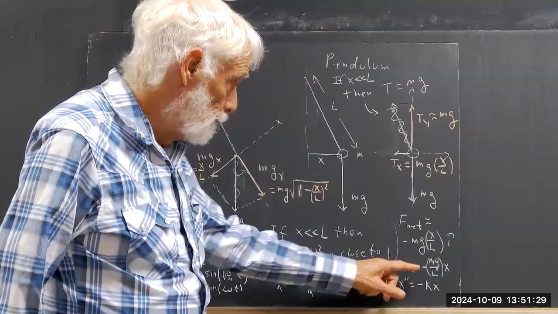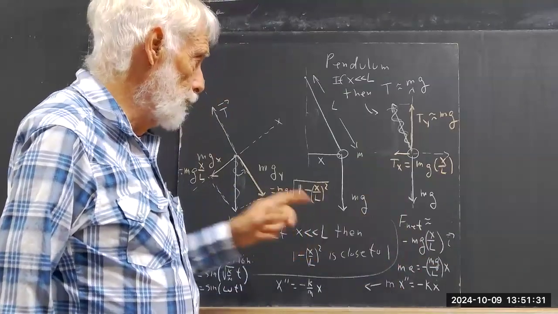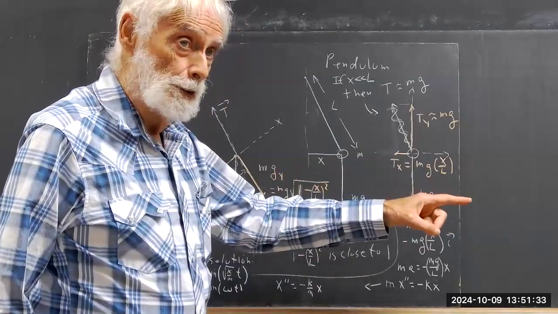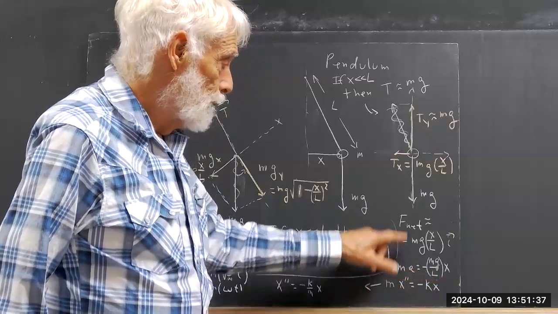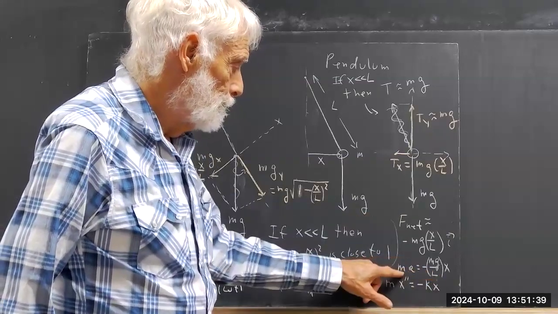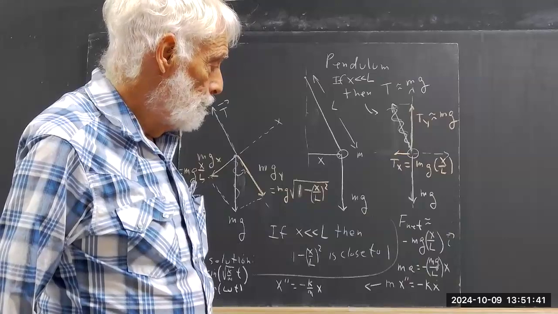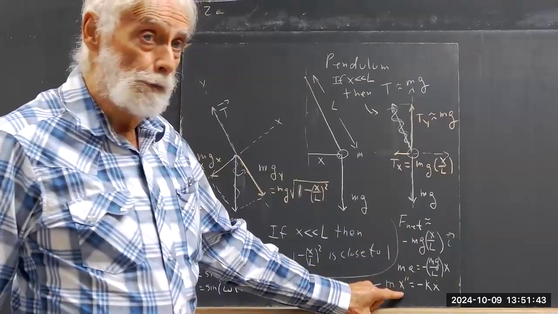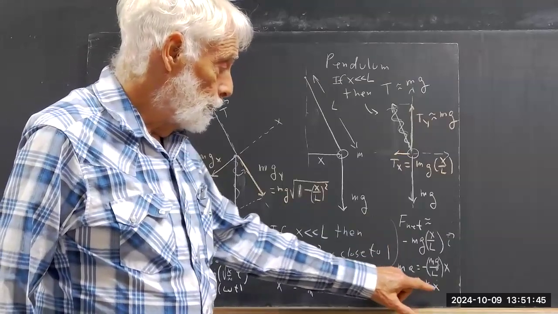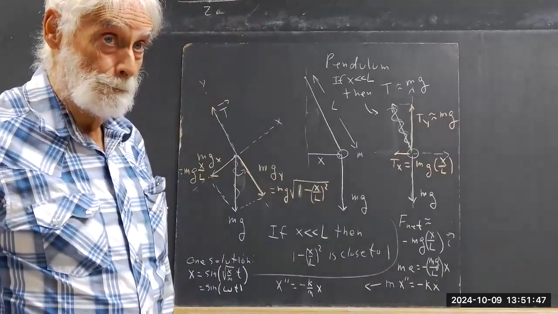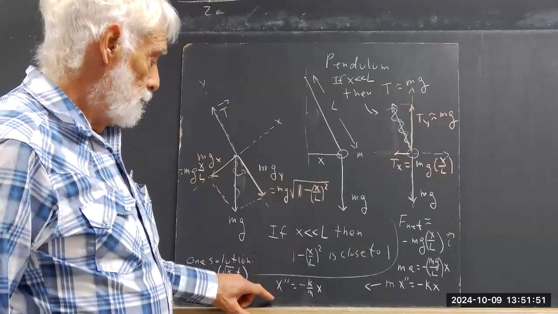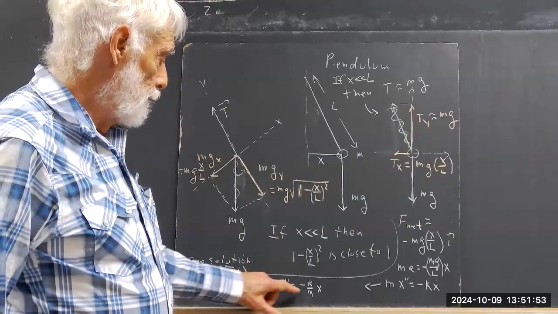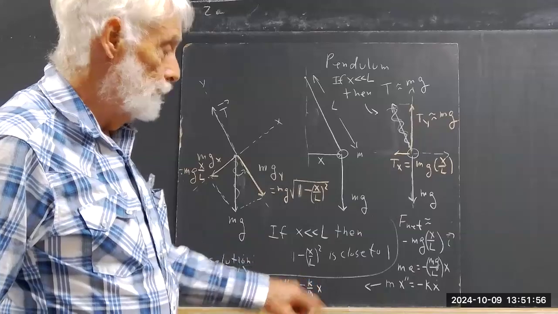We put a negative sign on it because the force is going to be in the direction opposite our displacement x. This is the net force, and that's equal to ma. Well, acceleration is the second derivative of position. We get m x double dot equals negative kx, okay? Which can be arranged so that the second derivative of x is negative k over m times x.